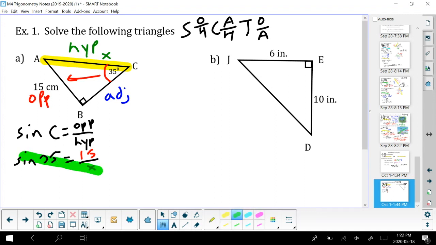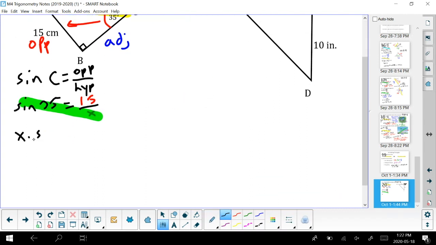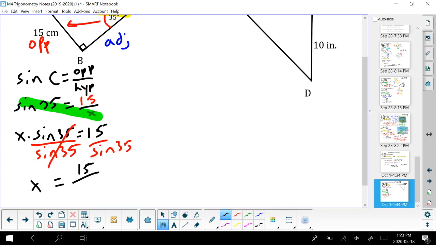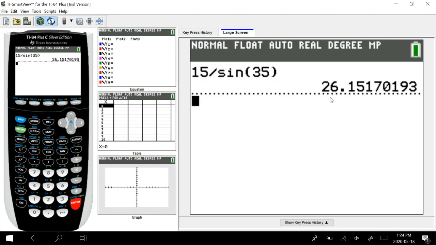Let's multiply both sides by x to get rid of that denominator. So you've got x times the sine of 35 is equal to 15. We can divide both sides by the sine of 35 degrees. And we end up with x is equal to 15 over the sine of 35 degrees. So we got 15 over the sine of 35, and we end up with 26.15.